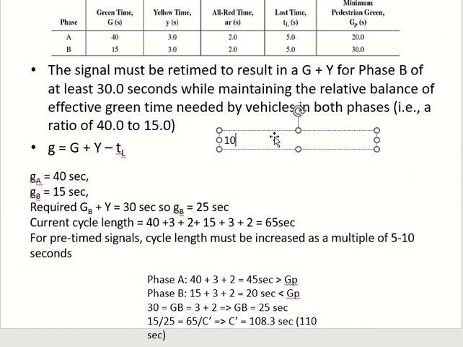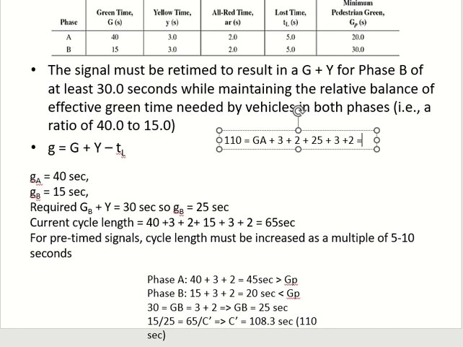new cycle length 110 is equal to GA plus 3 plus 2 plus the new GB plus 3 plus 2.